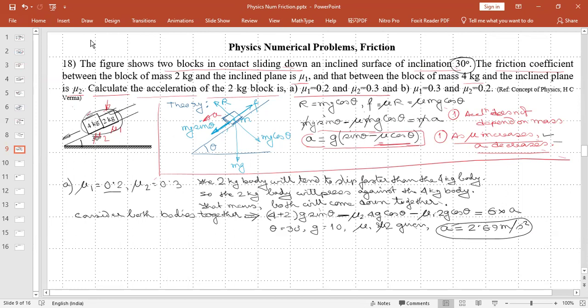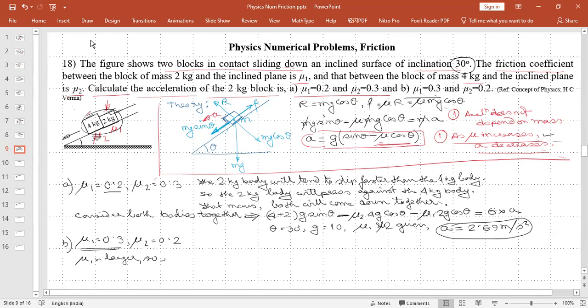Now, we go to the second case, B. mu1 is 0.3, and mu2 is equal to 0.2. Here, what do you find? For the 2 kg body, mu1 is more. So its acceleration will be less.